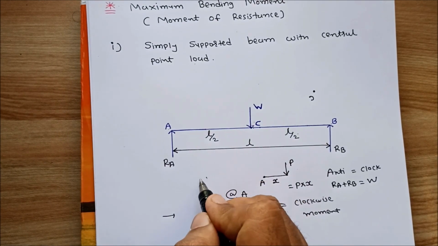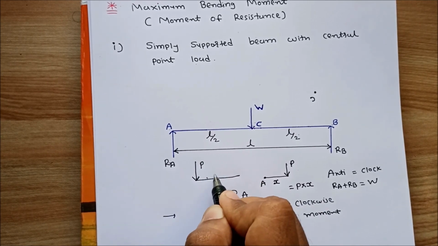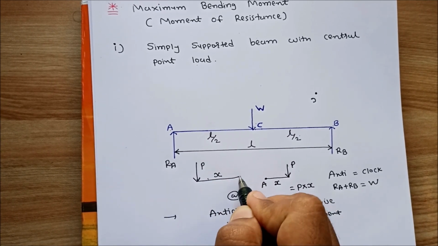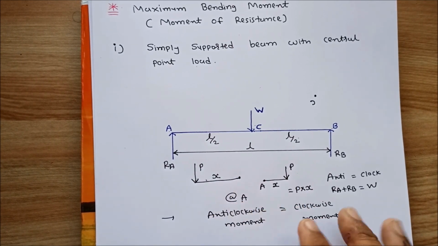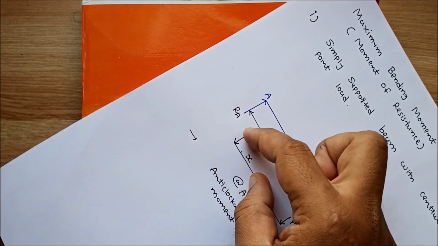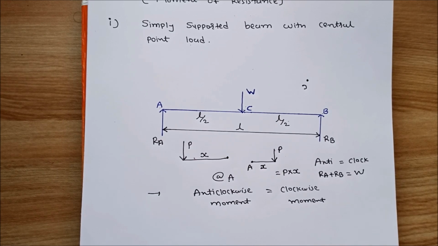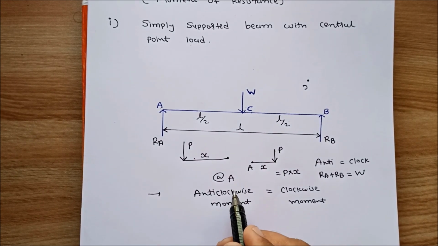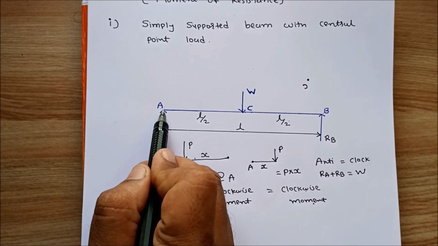Similarly, for a force P and perpendicular distance X, when you find moment from this point, put the thumb here and rotate the fingers. Here the fingers go in anti-clockwise direction, so the moment is anti-clockwise. So in our first step, anti-clockwise moment is equal to clockwise moment, and we take moment from point A.